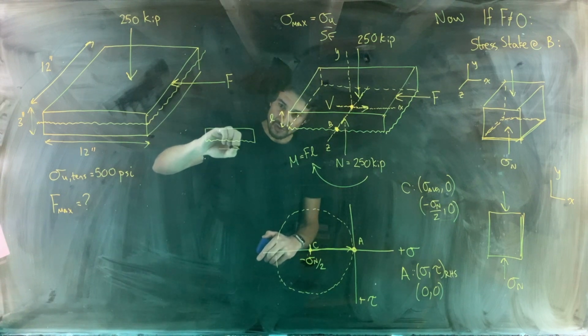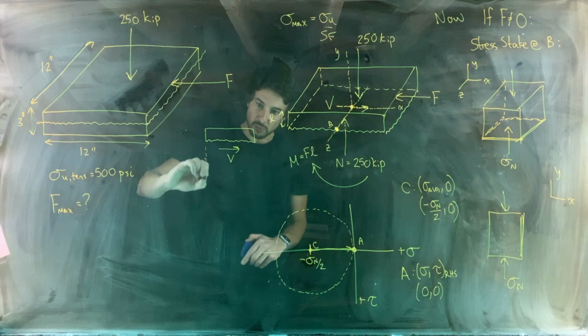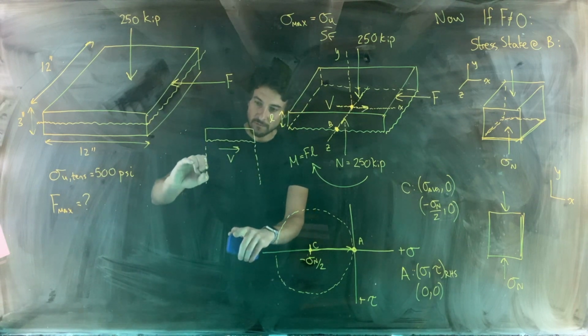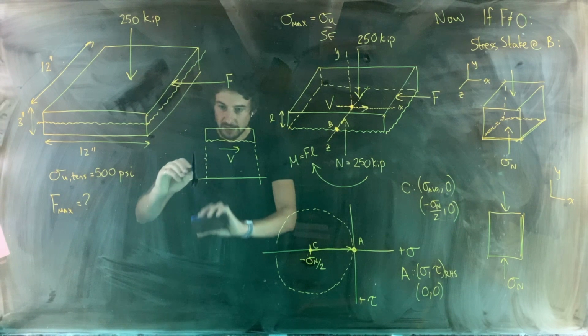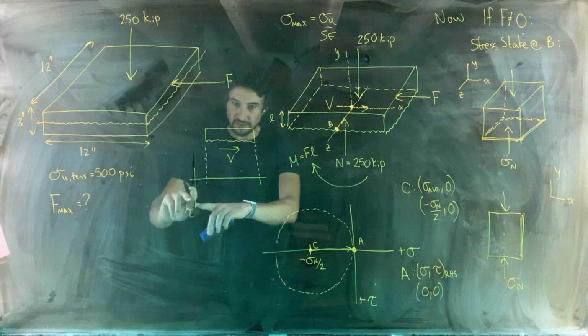We have our internal shear force V acting this way. If we were to graph the distribution of shear stress over that surface, here's our axis that we're showing distribution of shear stress.